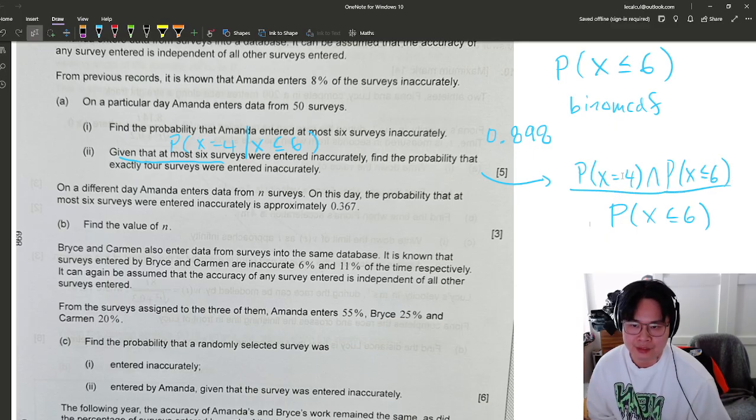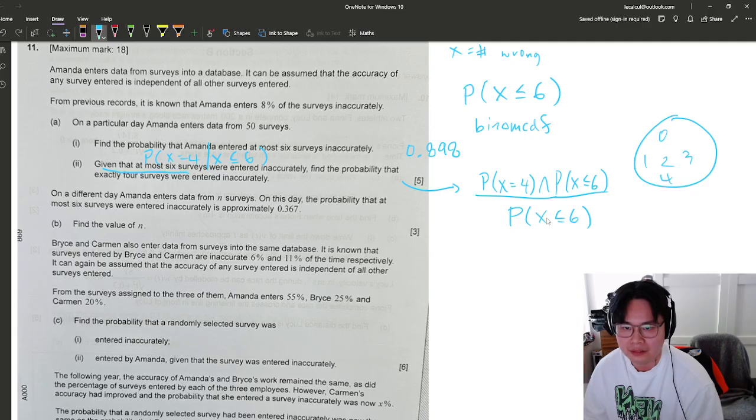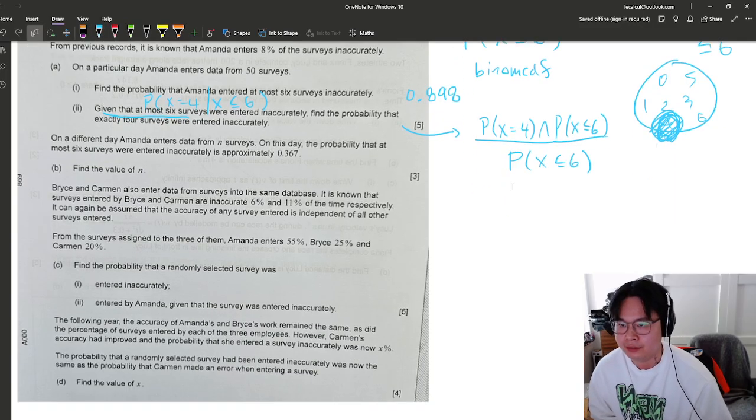The probability of entering exactly 4 wrong and at the same time being at most 6 is the same thing as this one. They do this a lot, right? Because 0, 1, 2, 3, 4, 5, 6, this is within the range. So their intersection is literally the actual probability of being 4 itself.